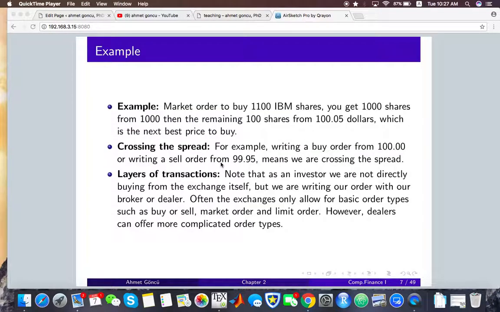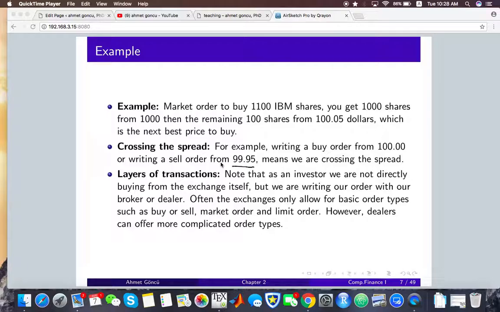A similar example applies if you want to sell the IBM shares: you will be moving towards the bid side of the order book. Crossing the spread, for example, writing a buy order from 100 means you are crossing the spread, or writing a sell order from 99.95 means again you are crossing the spread, so the transaction takes place.